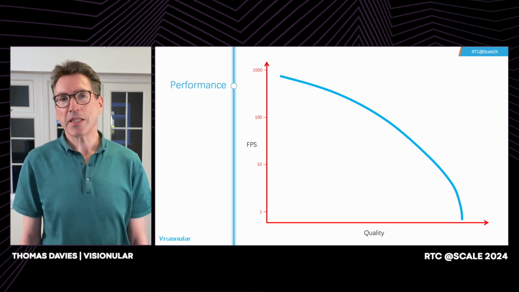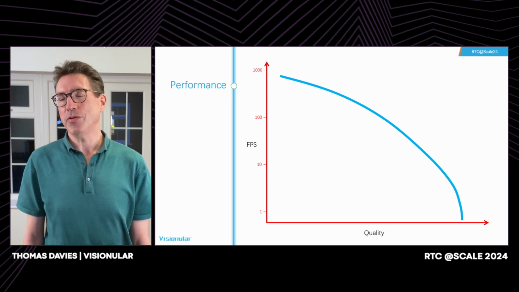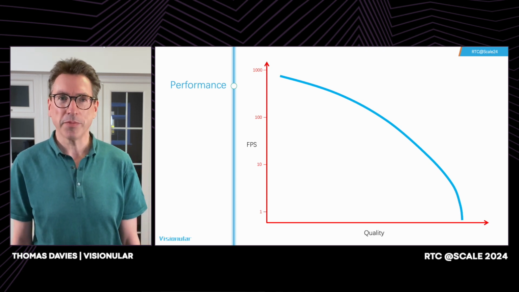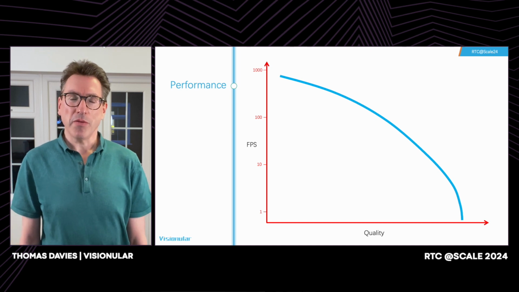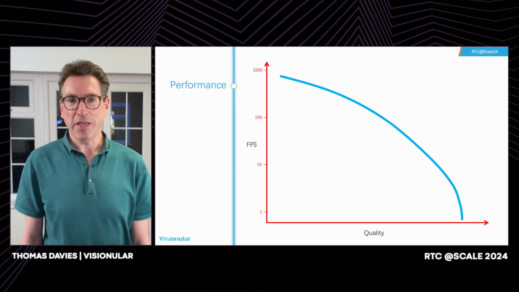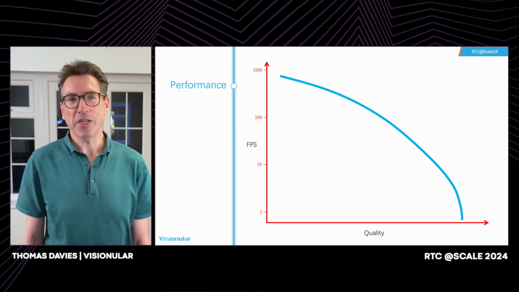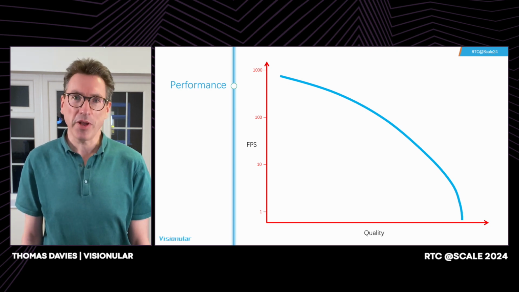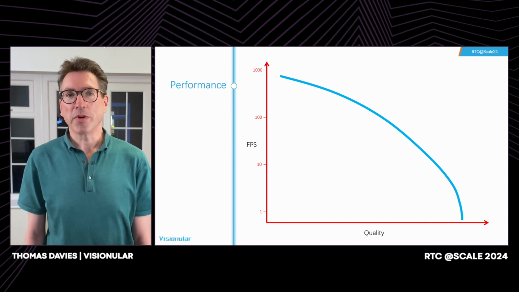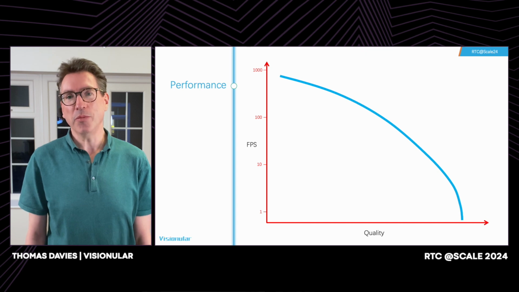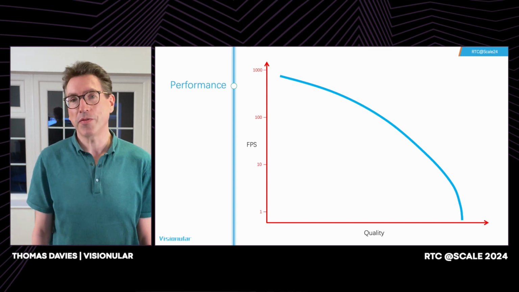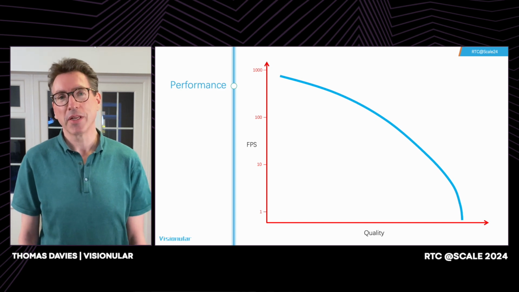But in practice, especially when you're talking about RTC, there's what I would call a waterfall curve, where you have a relationship between the quality that you can achieve and the complexity required to achieve it, as measured here by frames per second. So the more compute you can spend, the more quality you can get, up to some kind of ceiling where you start trailing off and there are diminishing returns.